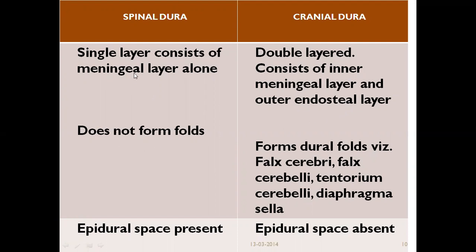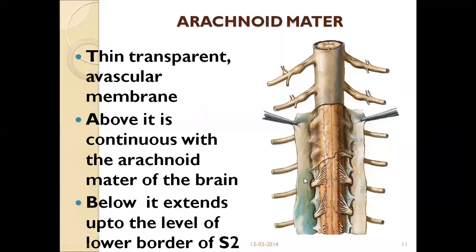The spinal dura doesn't form any folds, whereas the cranial dura forms dural folds, which we have studied in detail: falx cerebri, falx cerebelli, tentorium cerebelli, and diaphragma sellae. Then, the epidural space is present in the spinal dura, whereas it is absent in the cranial dura mater.